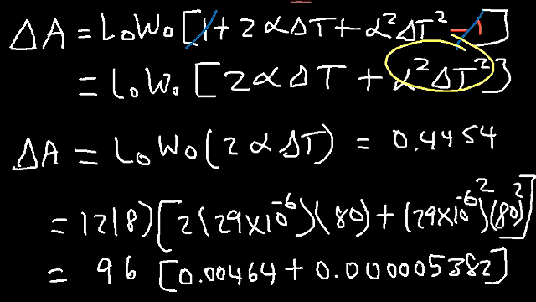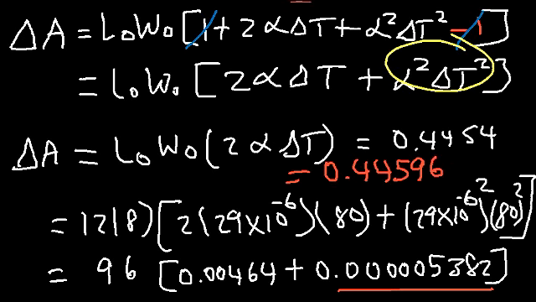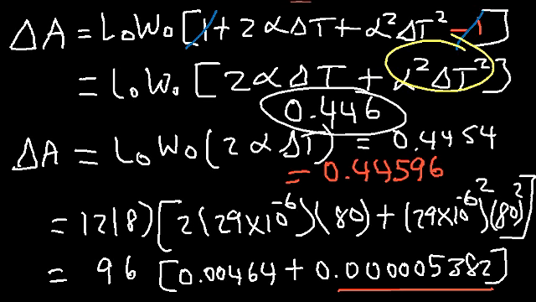So, including this term, this is going to be equal to 0.44596, which rounds to the first answer that we have, 0.446. So as you can see, the contribution from this term is relatively insignificant.